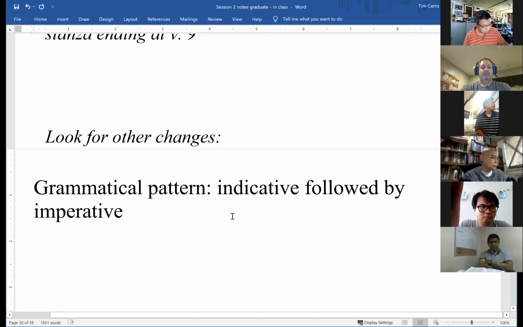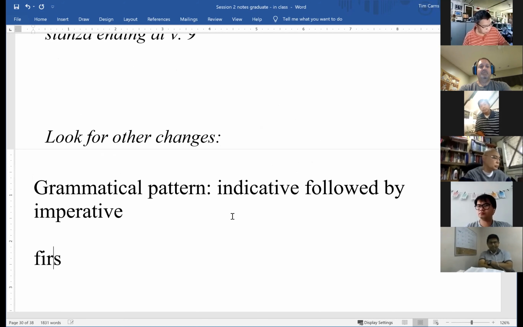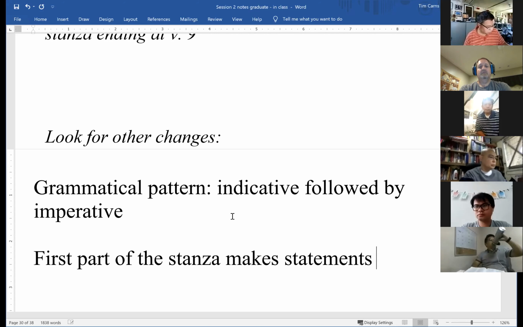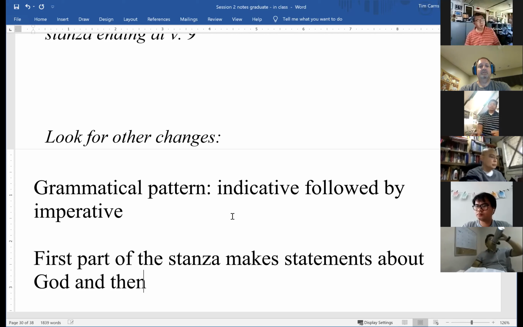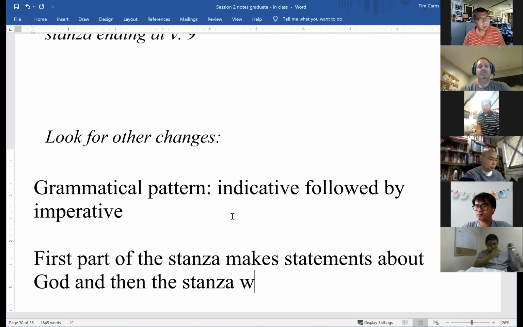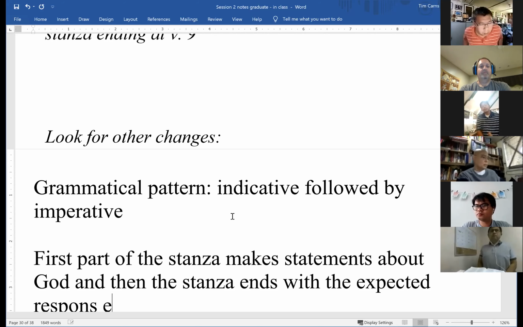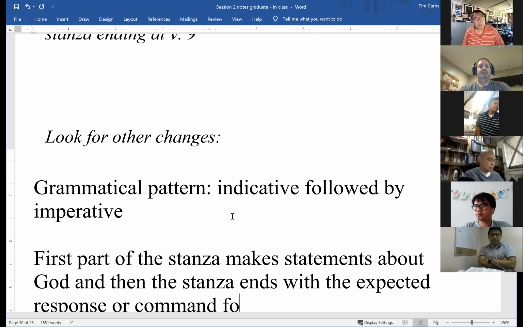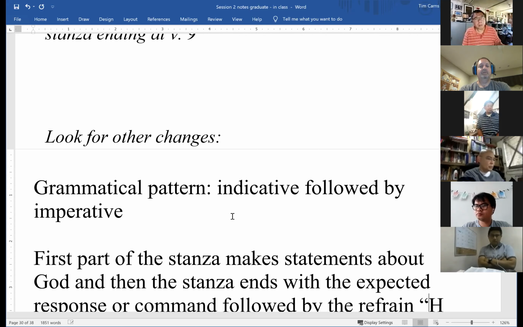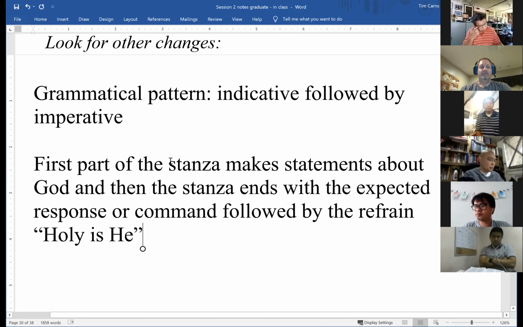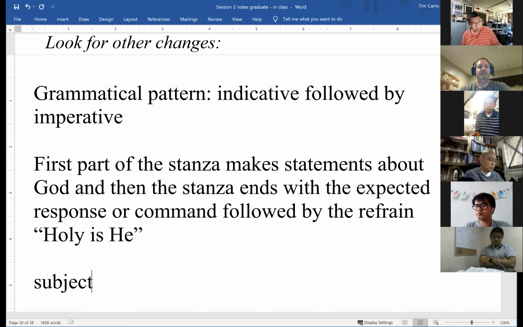Meaning the first part of the stanza makes statements about God, and then the stanza ends with the expected response or command followed by the refrain, holy is he. Okay? So there's a grammatical pattern here, but there's also a pattern in regards to the subject or theme.